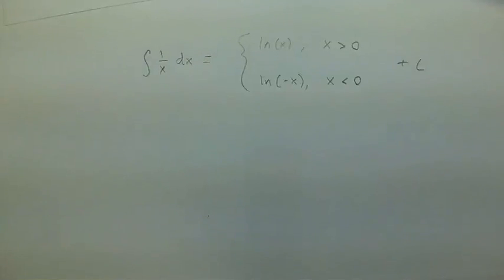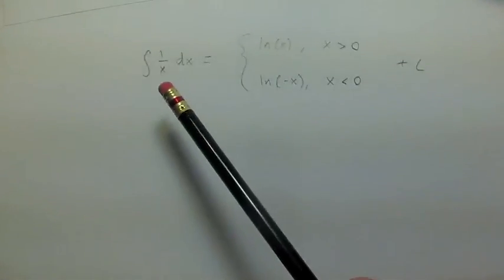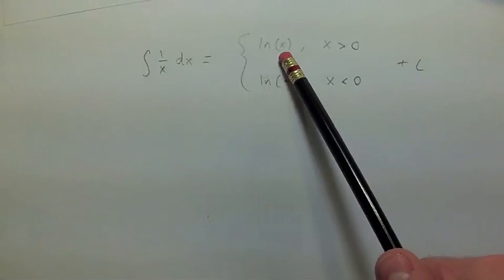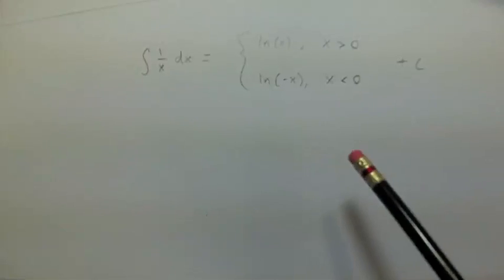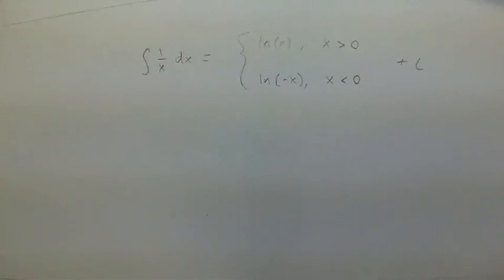Now maybe this reminds you of something. When x is positive, we don't do anything to it. It just is x. When x is negative, we make it a negative x, which makes it positive. So what does that remind you of?